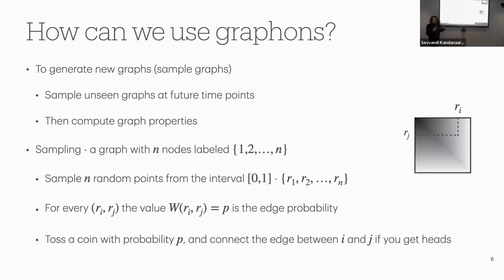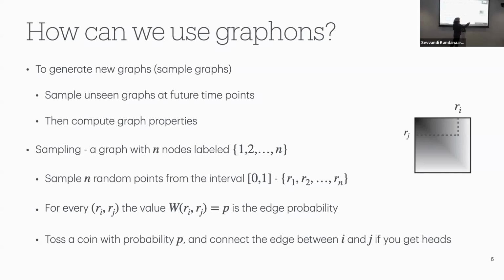So how can we use a graphon? Say we have a graphon and we know all our graphs over time come from that. What's the use of it? Say we have the LinkedIn graphon, who's connected to whom. If you have the graphon and you want to generate a network of n nodes, you pick n points R1 to Rn randomly from the interval 0, 1.